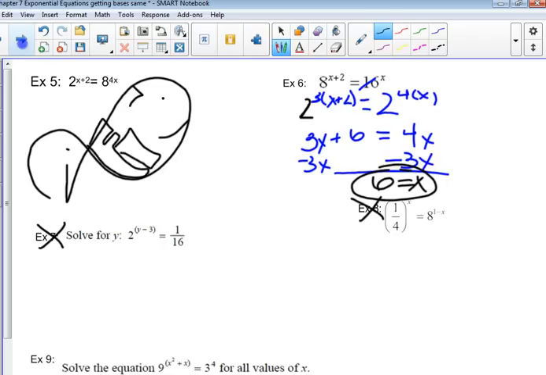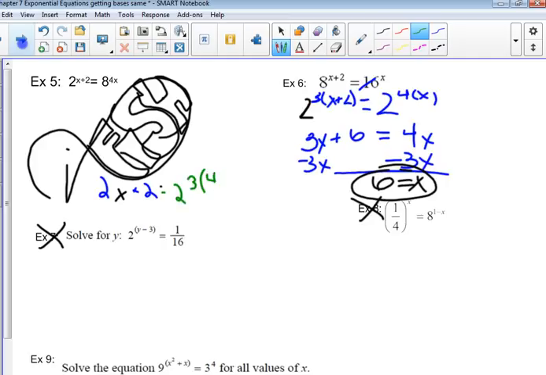Okay, we're going to do this now. What did I write? Right over here. Now this one already has the same base, so it's easy.